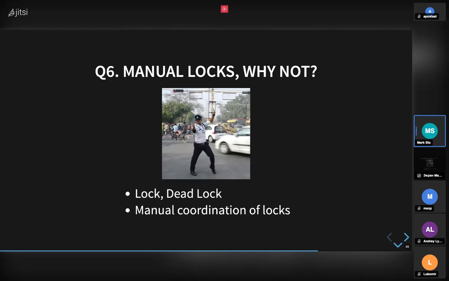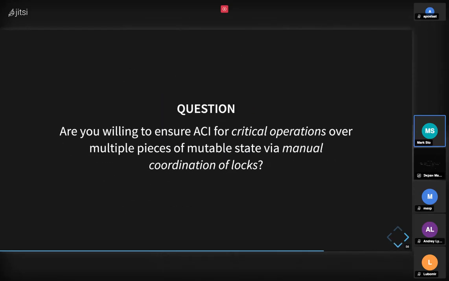Remember this first question that asked, can we obtain AC guarantees by construction by serial execution architecturally? So this is the same question, but on a lower level. There is nothing much to ask. Are you willing to ensure AC for critical operations over multiple pieces of mutable state via manual coordination of locks?